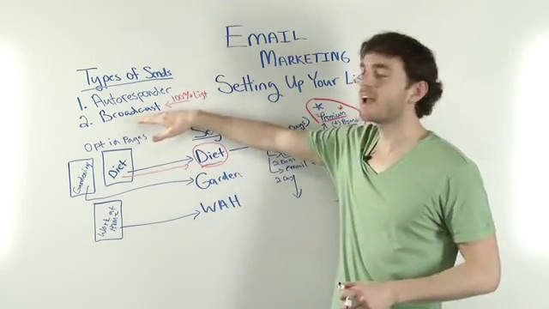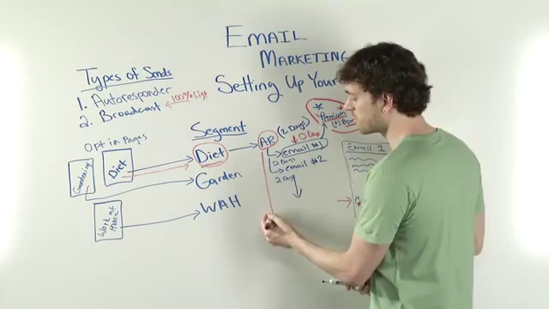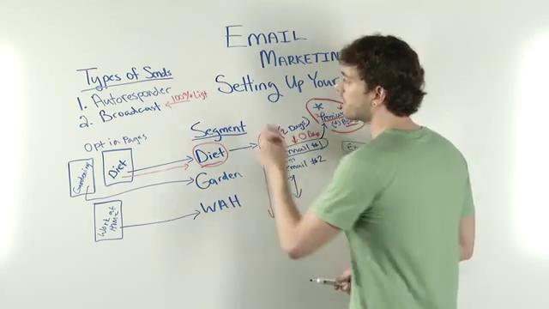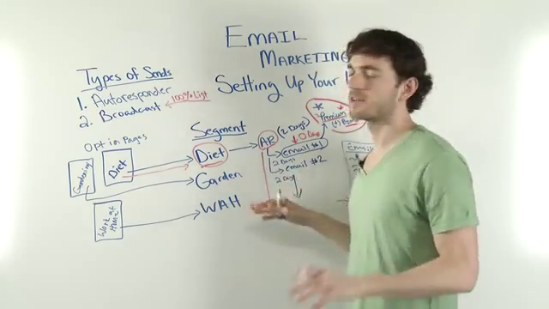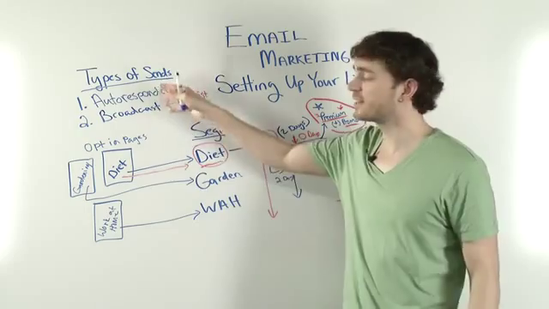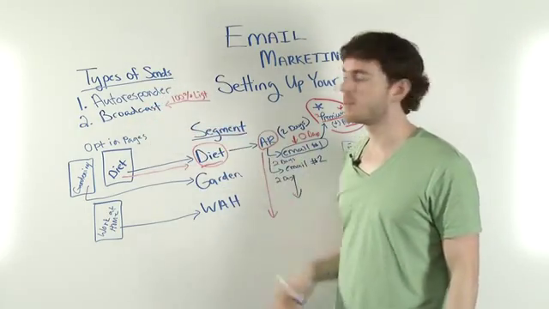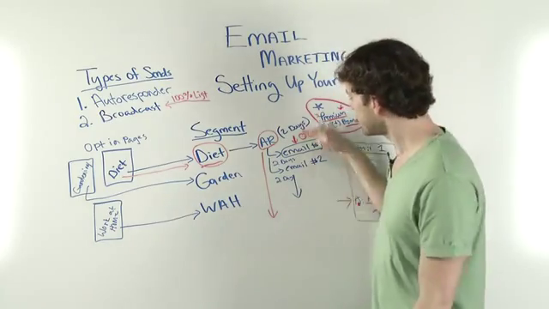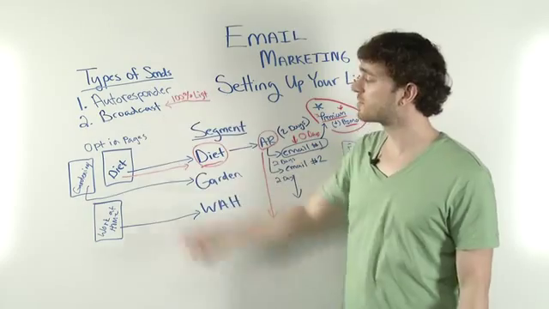You could send out a broadcast to your whole list because it doesn't matter where they're at in this autoresponder sequence. They're going to get this broadcast if you send it because it's not an autoresponder. It's a broadcast message to your whole list. So these two work hand in hand. It's always good to send out a few broadcasts a week, maybe 2, and then let your autoresponders do their job. But that's the difference in the two types of sends.